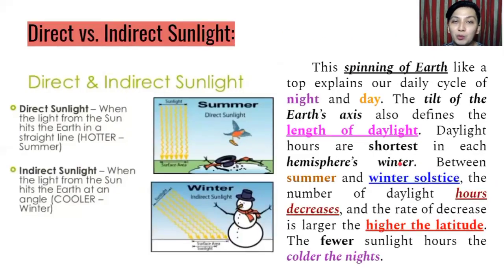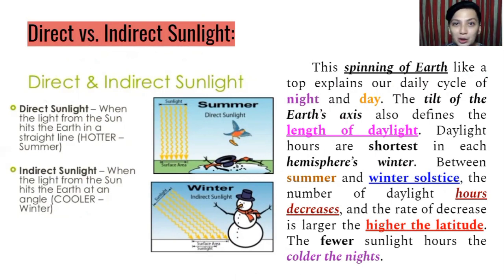And another thing that we need to consider is the direct and indirect sunlight. So this one, we are going to tackle the spinning of Earth. Okay, this spinning of Earth like a top. It explains our daily cycle of night and day. So that's because we have night and day because it also rotates.